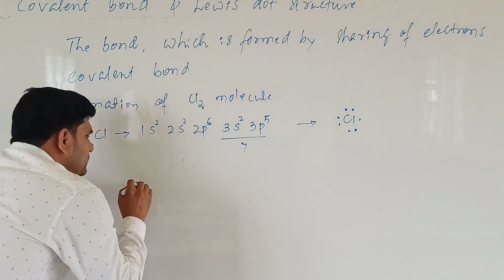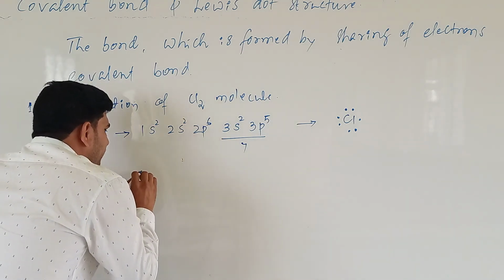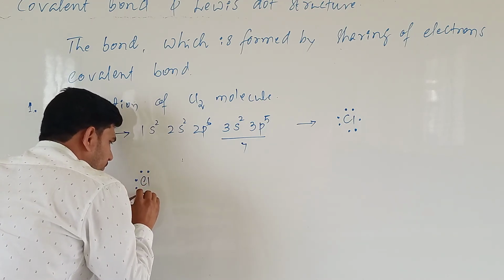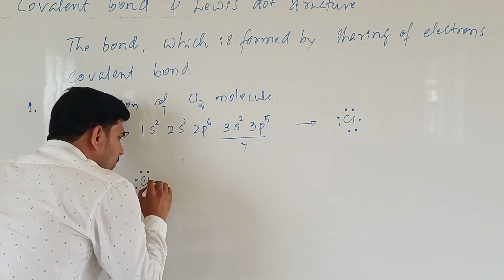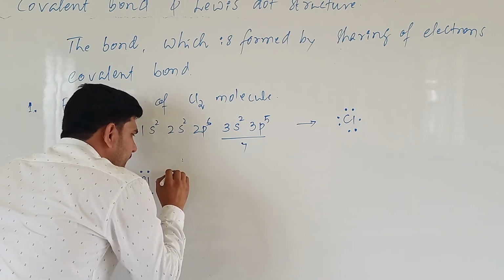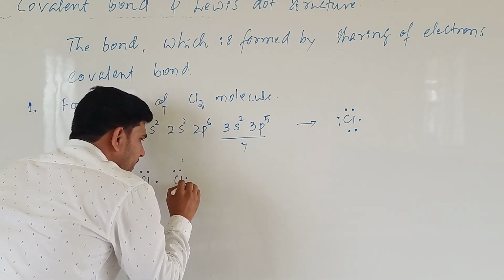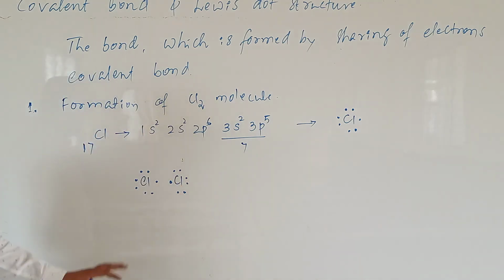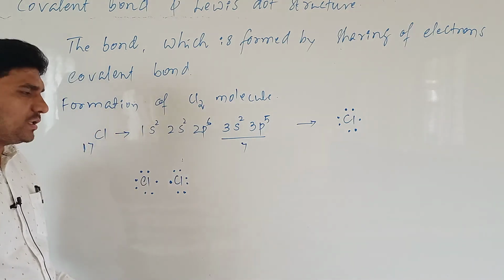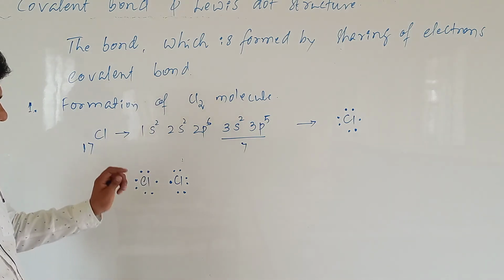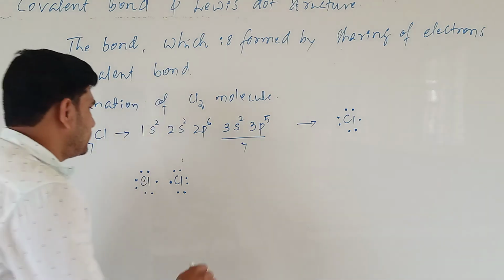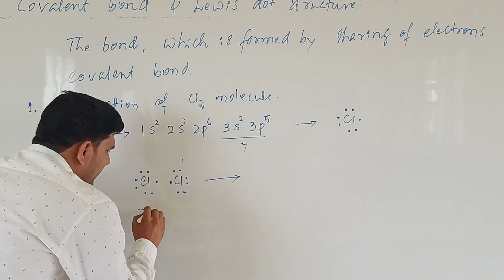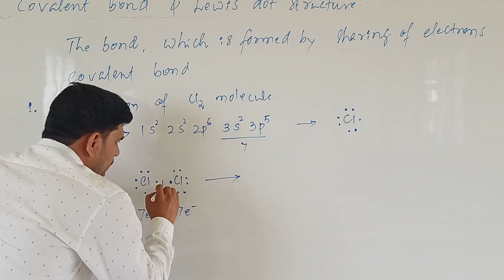Now, this chlorine atom combines with another chlorine atom. Two chlorine atoms I wrote with their valence electrons in the form of dots. 7 electrons, 7 electrons.